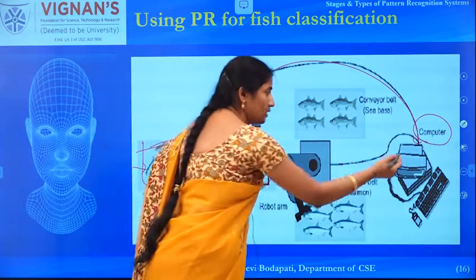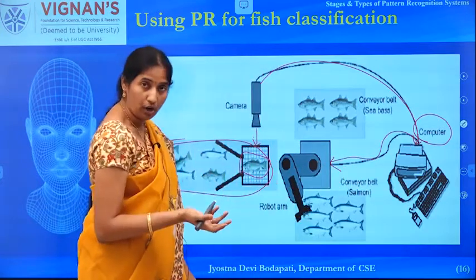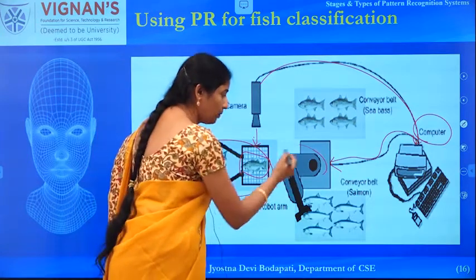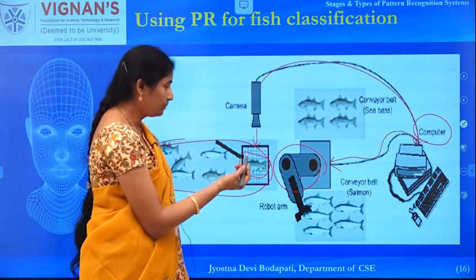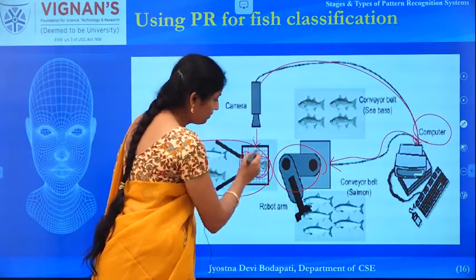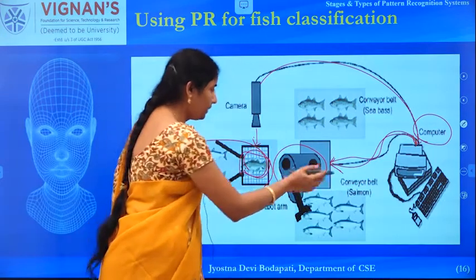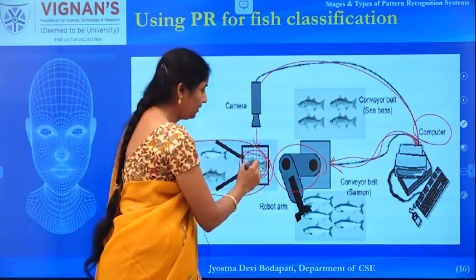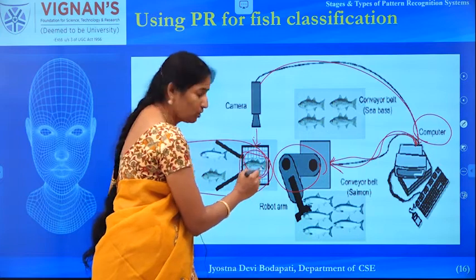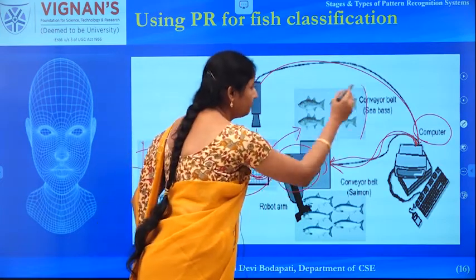This output is then passed to a robot arm, which we are designing. The robot arm is a mechanical device, and depending on the output produced by your model, if the output is a sea bass, then the fish on the conveyor belt on this panel will be placed in this bin, because this is the bin for sea bass.